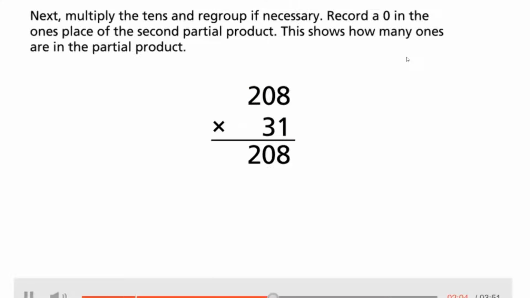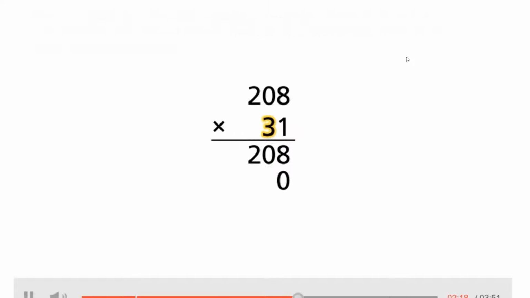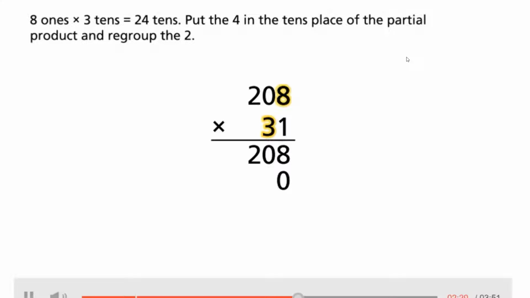Next, multiply the tens and regroup if necessary. Record a 0 in the ones place of the second partial product. This shows how many ones are in the partial product. 8 ones times 3 tens equals 24 tens.